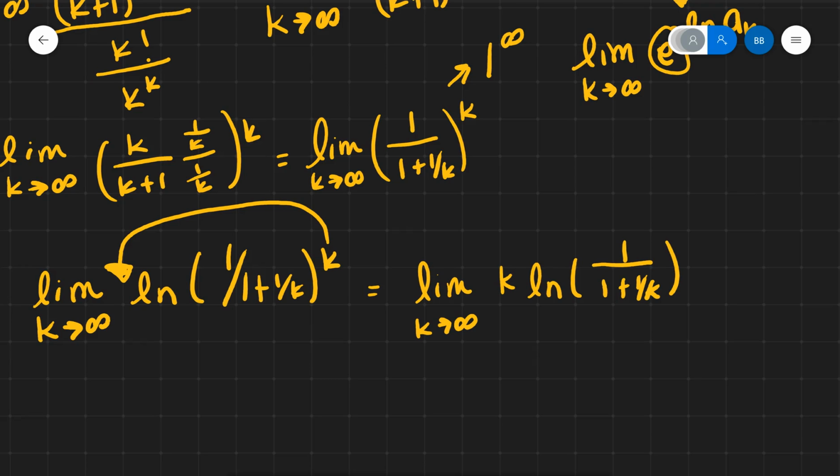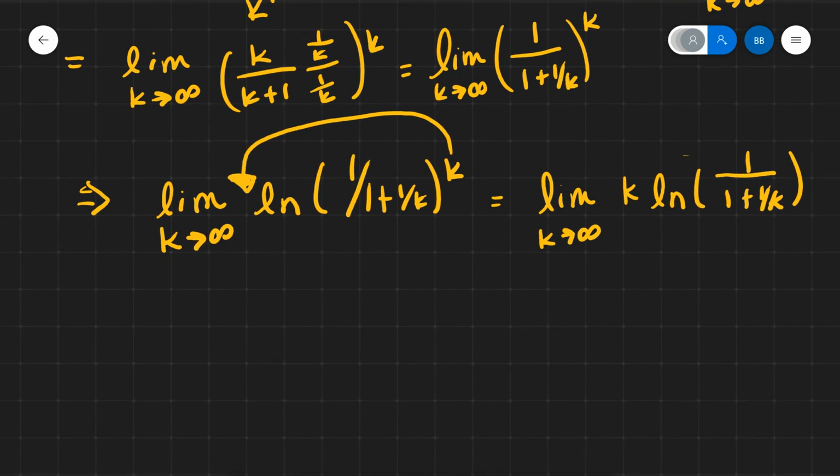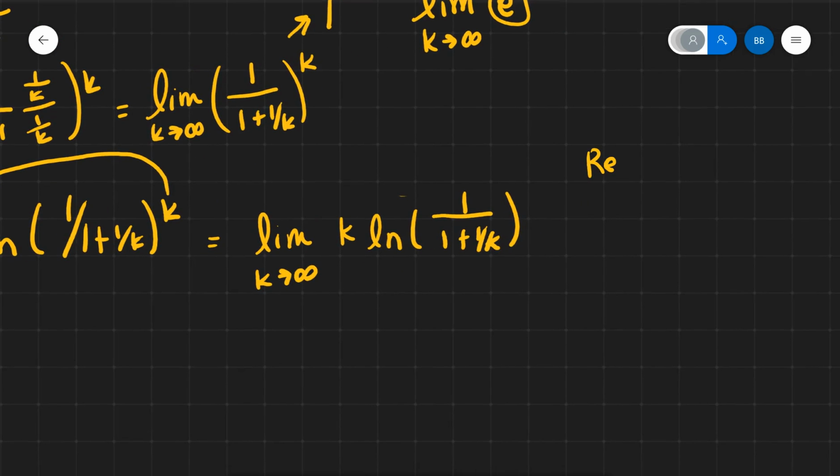Now as k goes to infinity, k will go to infinity, and this part of the fraction down here will go to 0, so I'll end up with ln of 1 and ln of 1 over 1 plus 0, so I have a 0 times infinity problem, which doesn't fit L'Hopital's rule, but I can use a rewrite trick and recall that k is exactly the same as 1 over 1 over k, because using my keep change flip, I multiply the numerator times the denominator reciprocaled, so that's just k.